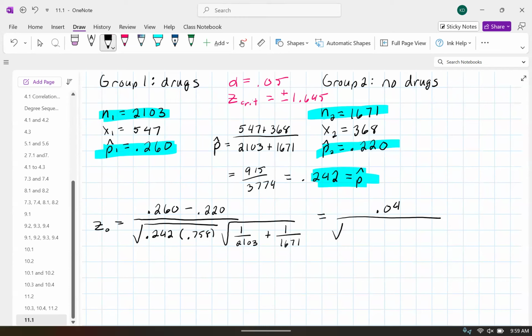0.242 times 0.758, 0.183436. All right, I'm gonna divide and then add these up. So 1 divided by 2103 plus 1 divided by 1671, 0.0010739552.